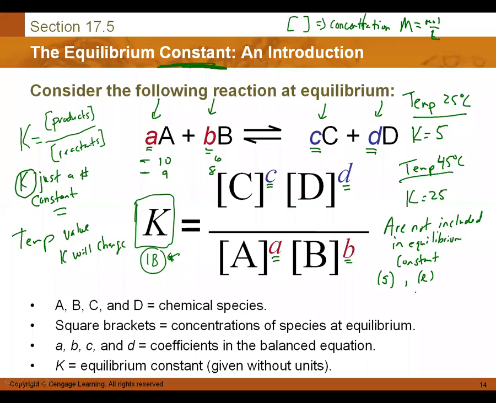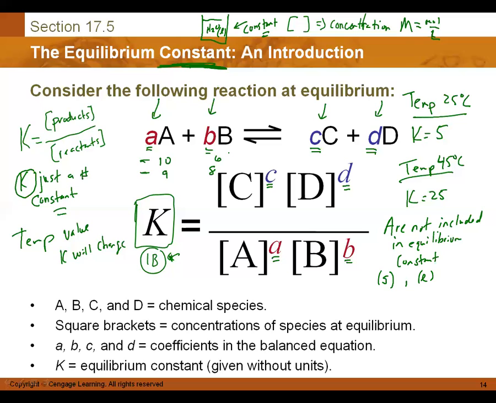And that's for 2 reasons. A liquid like pure water, for example, in the liquid state, pretty much is a constant concentration throughout. The concentration of it really doesn't change. So if you happen to have any of these in this reaction that has an L symbol next to it, that's a pure liquid, you would not include it.